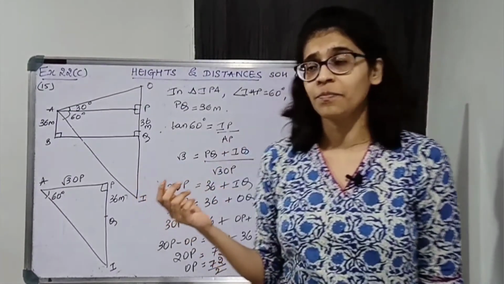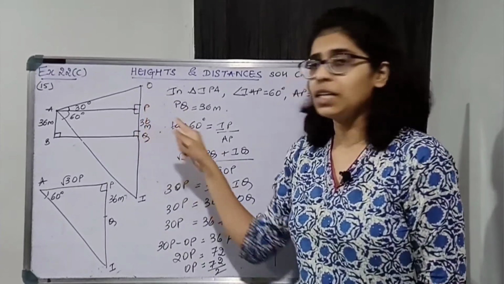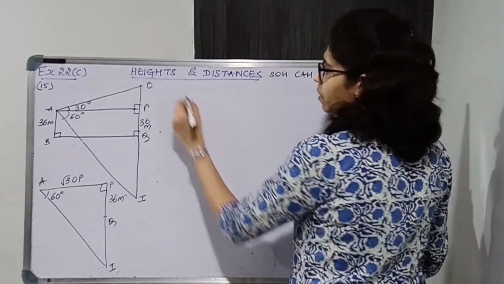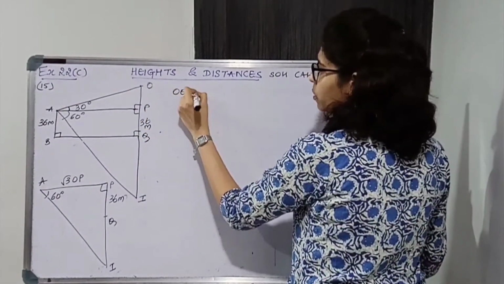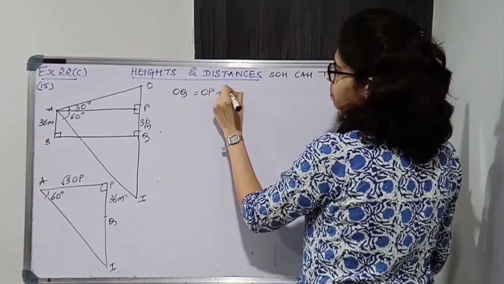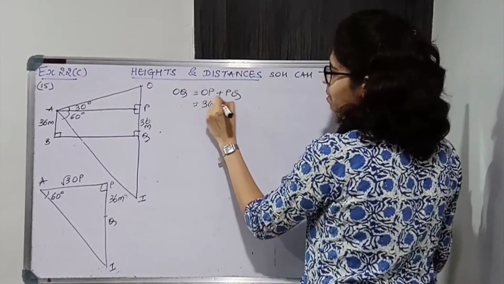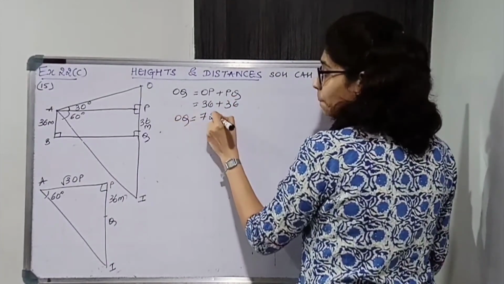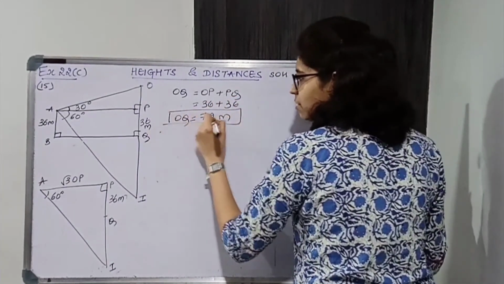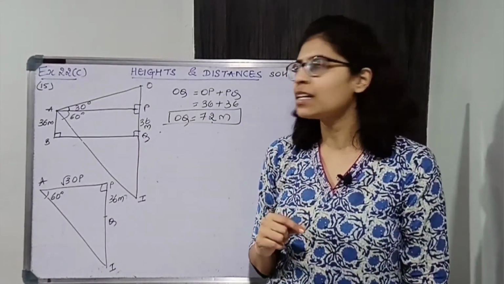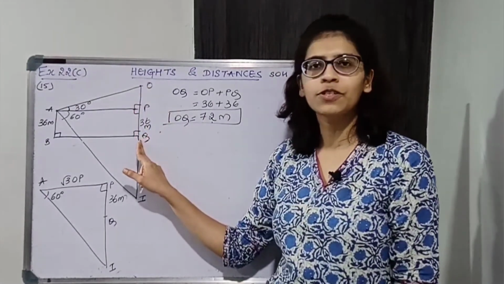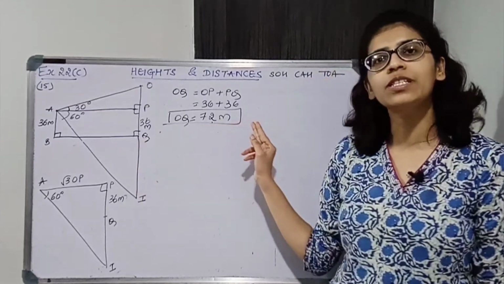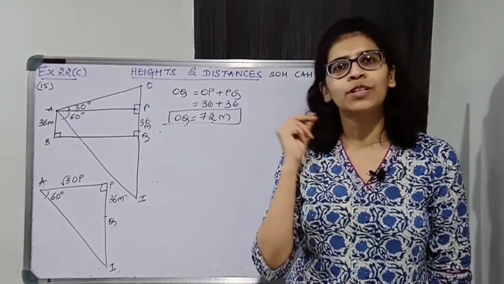Now it's very easy. You just need to add OP and PQ and you will get OQ. So OQ is equal to OP plus PQ, which is 36 plus 36, so that gives 72 meters. So write down the final statement: the height of the bird from the surface of the lake, OQ, is equal to 72 meters. Don't forget to put the correct unit.